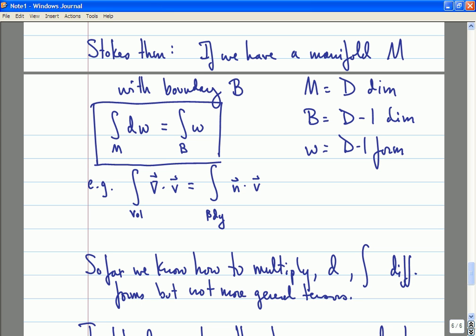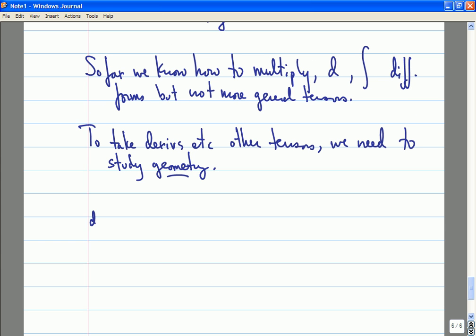Now, secretly, almost every law of physics that you ever write down depends on the geometry of space. So certain laws of physics don't. Maxwell's equations, or at least part of Maxwell's equations, don't depend on the geometry. I wrote down part of Maxwell's equations here, dF equals 0. In fact, those were only half of Maxwell's equations.